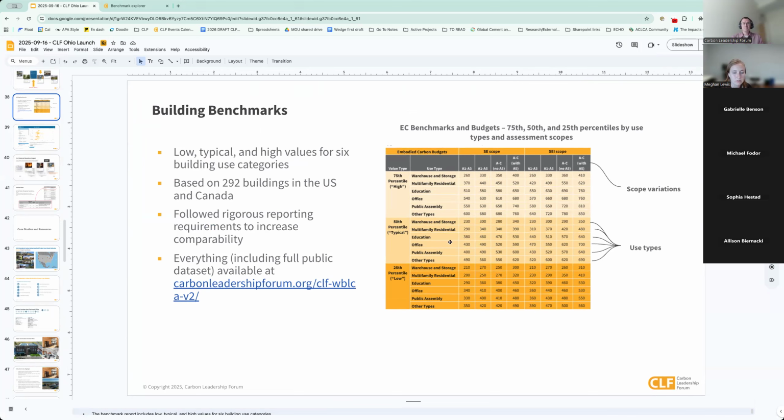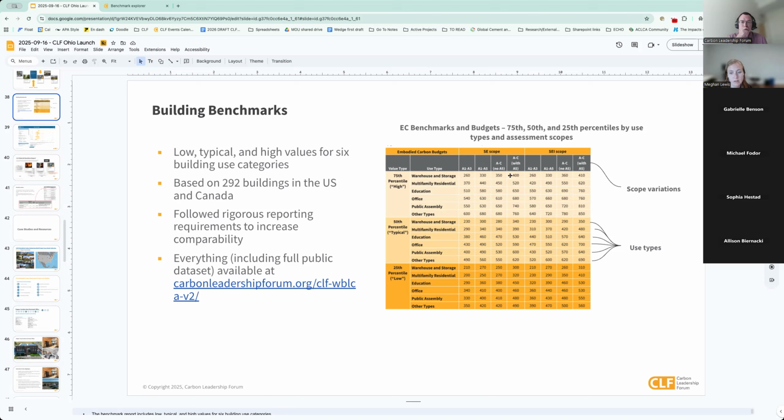And part of the reason you'll see here is that there are fewer use types. We have done the analysis to make sure that there are enough buildings in that building use type to have a standalone number, and that there's enough of a reason to differentiate between those different building use types. If you look at it, really warehouse and storage is significantly different.